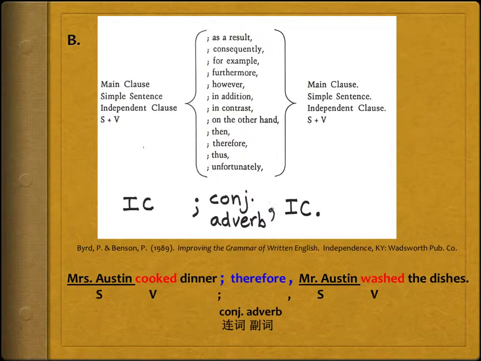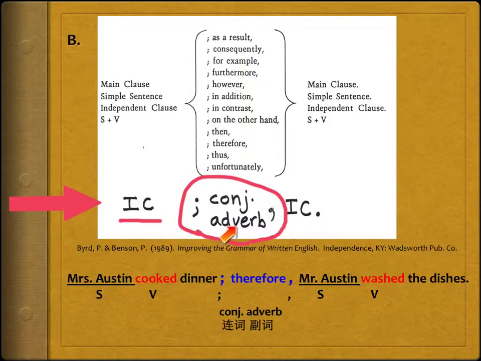There's one more, oops, I forgot. Let's talk just about the simple pattern here. So our simple pattern then is independent clause, here's the glue, a semicolon, conjunctive adverb, followed by a comma, and then the second independent clause.